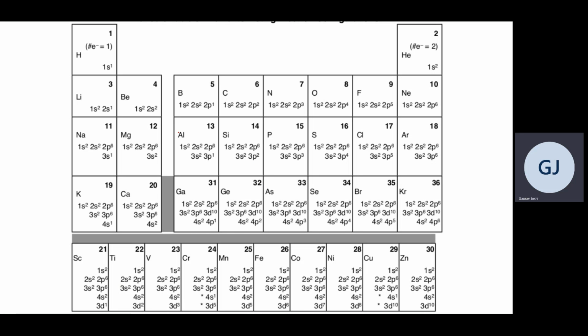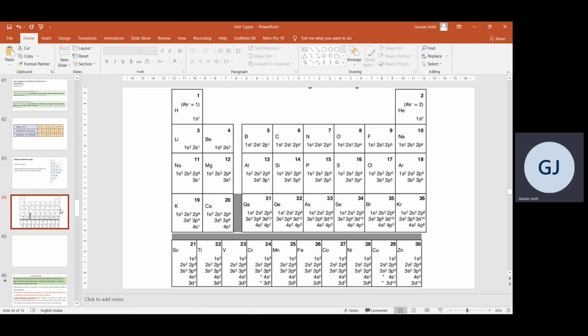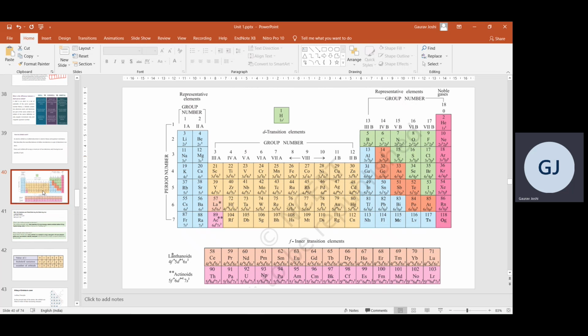See, I have some compounds here. They belong to the s block, p block, d block and f block. So I'll take some examples. I'll move to a single slide, and now I can take an example directly from here.